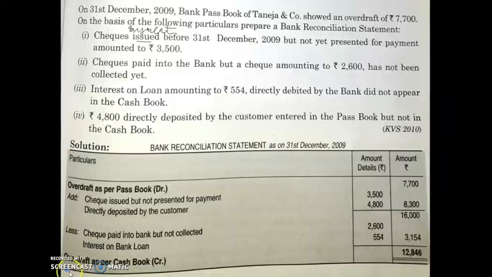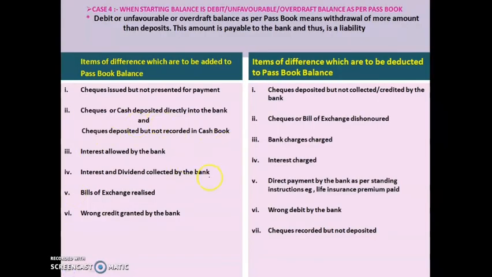Now you can look into the formula, or you can say the addition and deduction column. So check issued but not presented for payment. This is the concept of that particular first case. The check was issued but the creditor did not present the check for payment.